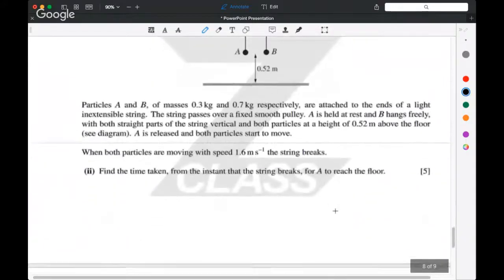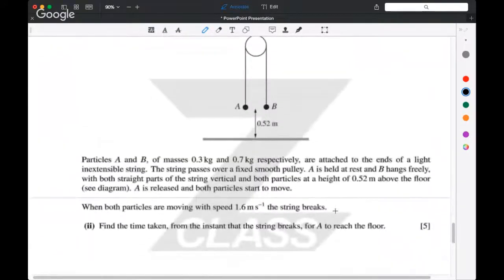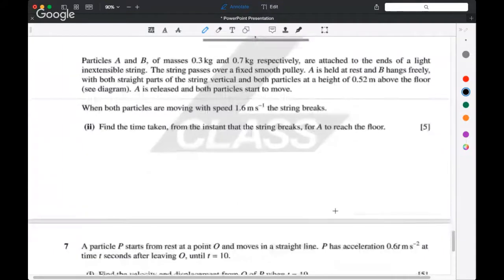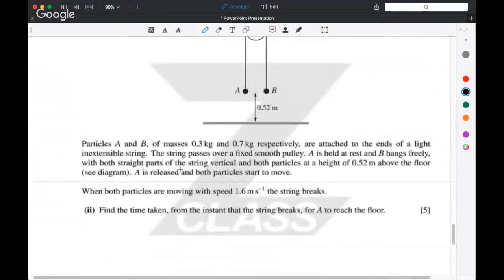Okay, so this is just a repeat of the same question. Now they're asking us to find the time. So at some point, they're both moving at 1.6 meters per second, and then the string breaks. So now both particles are just going to fall freely.